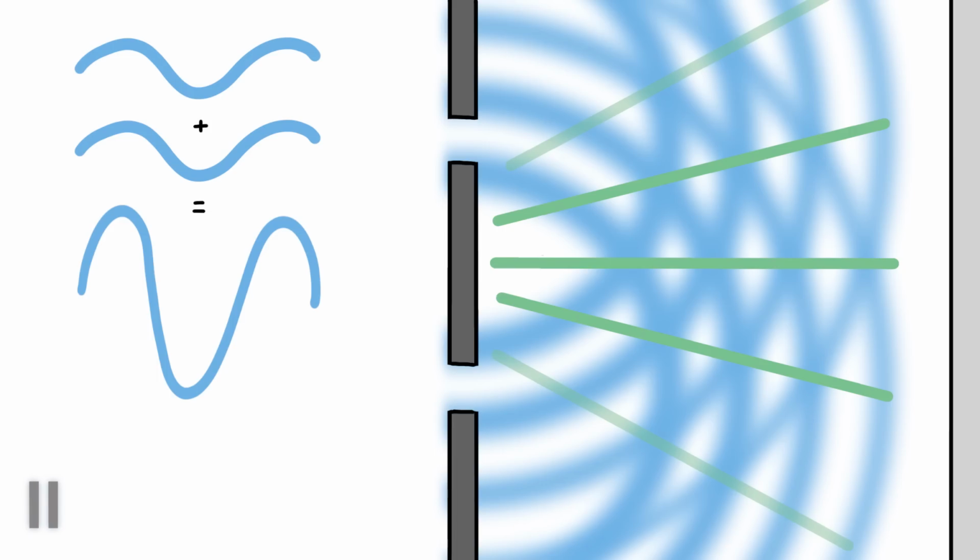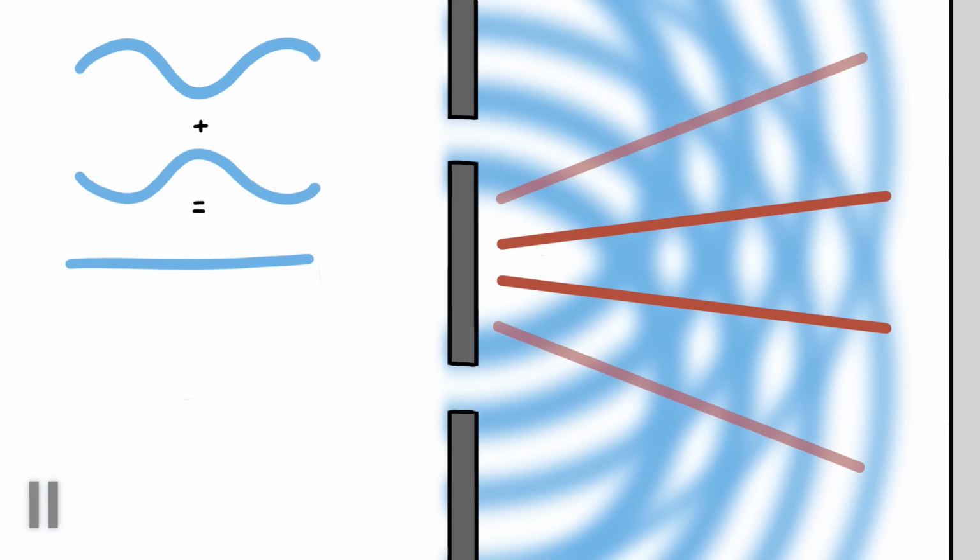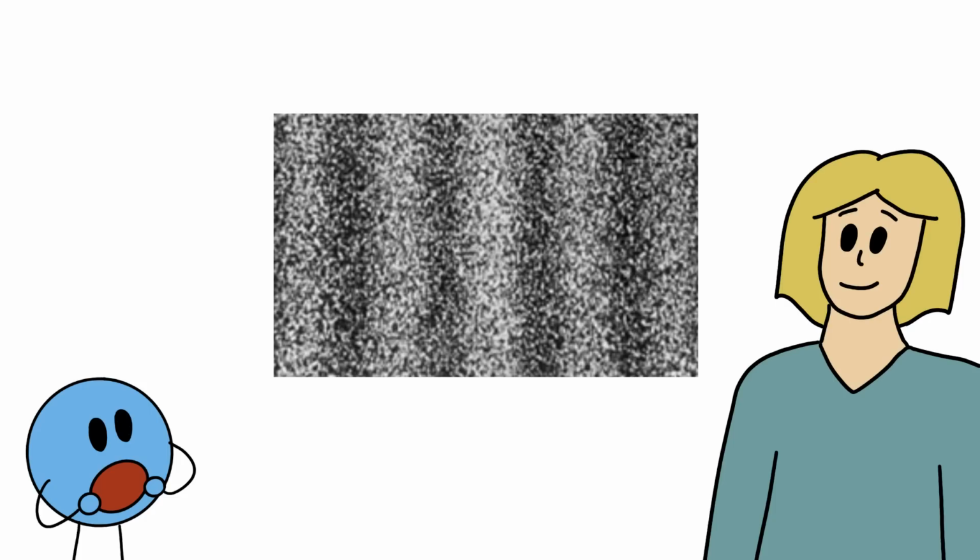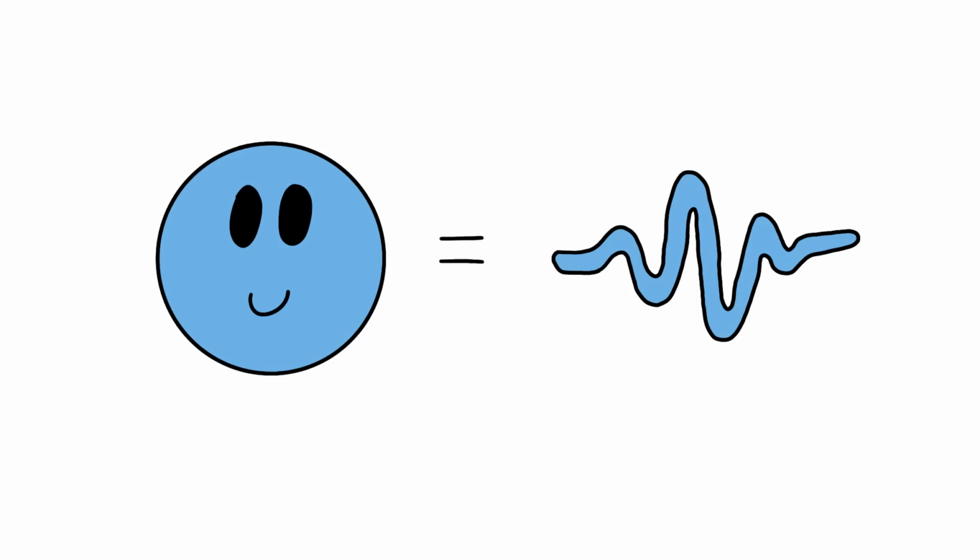At other places, the opposite happens. The crest of one wave meets the trough of the other. When this happens, the waves essentially cancel each other out. This interference is characteristic for waves and can indeed be seen on our measurement screen. A nicely repeating pattern of places where there are many electrons and places where there are very few of them. This shows that electrons are indeed waves.